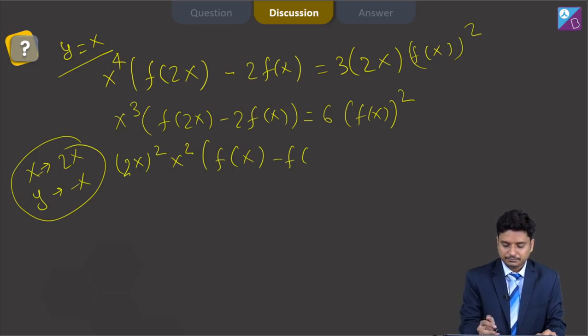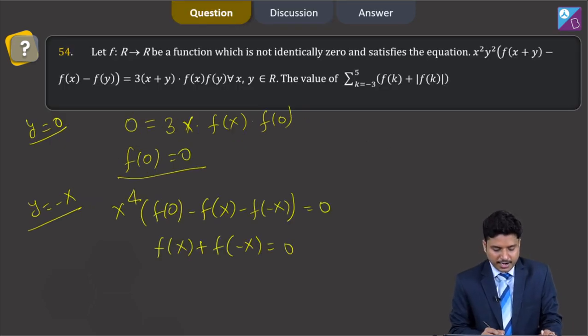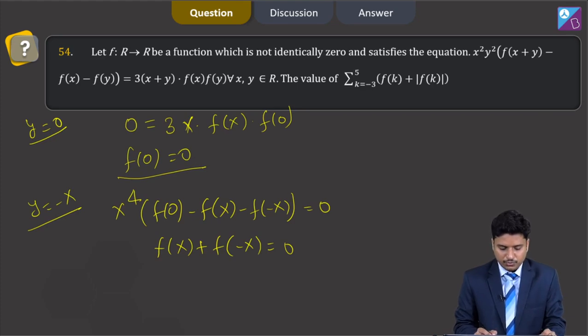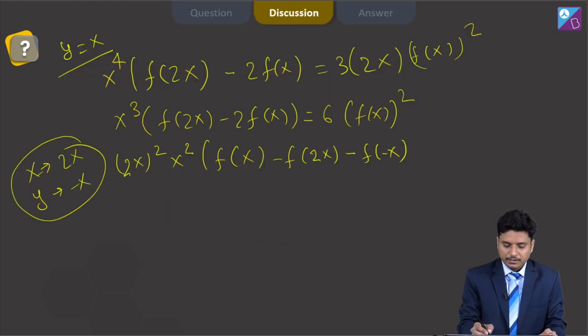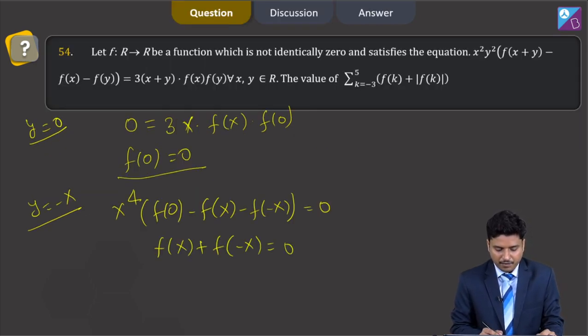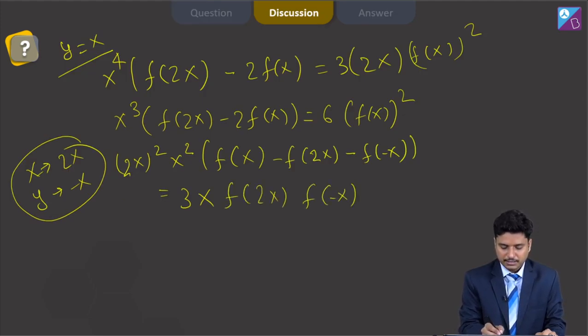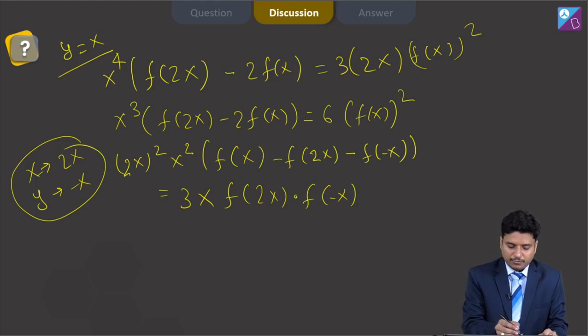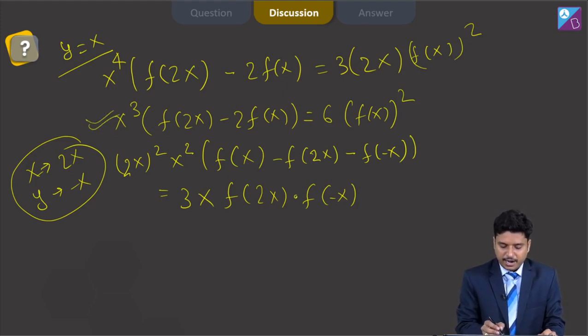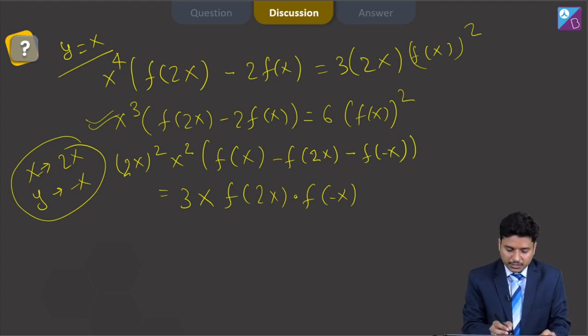So it is f of 2x minus f of minus x, and on the right hand side it will be 3 into x, and f of 2x into f of minus x, this will be present. So one equation in 2x and x was here, and here also we are available with this 2x and x. So what is the expression?